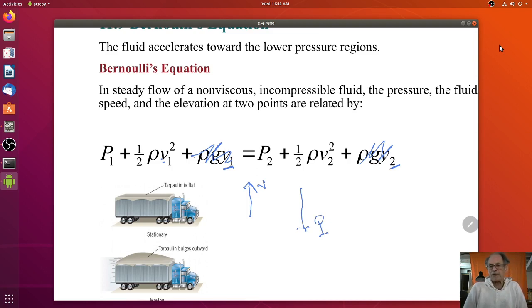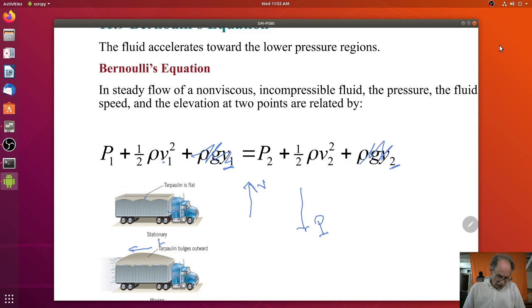Okay, that's called the Bernoulli effect. And here's an example of it in action. When the truck is sitting still here, this tarp just lays flat. But when it starts moving, the velocity of the air above the tarp is bigger than the velocity of the air below the tarp, which is inside the truck.